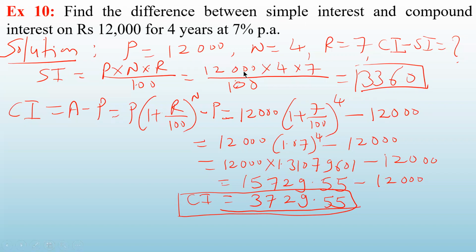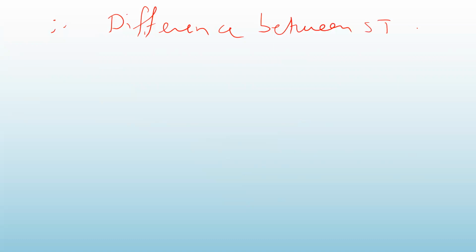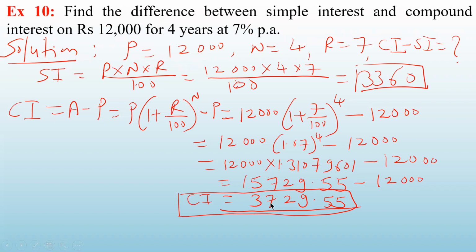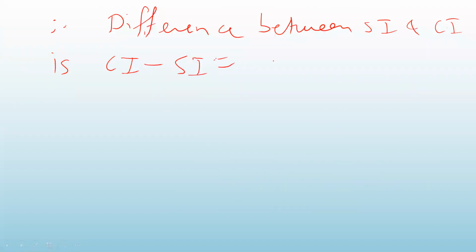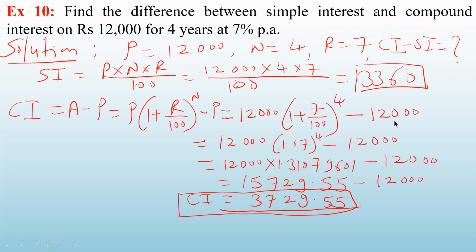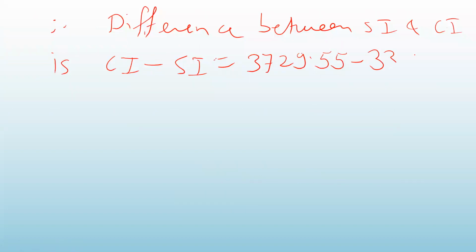What do you have to find out here? The difference between simple and compound interest. So therefore, difference between simple interest and compound interest is compound interest minus simple interest. What is compound interest we got here? 3,729.55. And what is simple interest we got? 3,360.